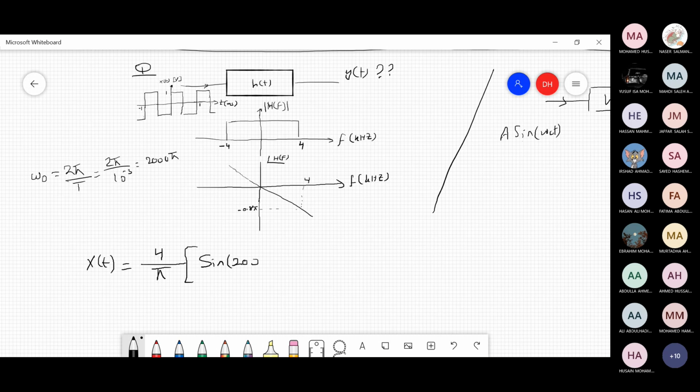So then this is 2000 pi plus 1 over 3 sine. Again here, it is 3 omega naught t.